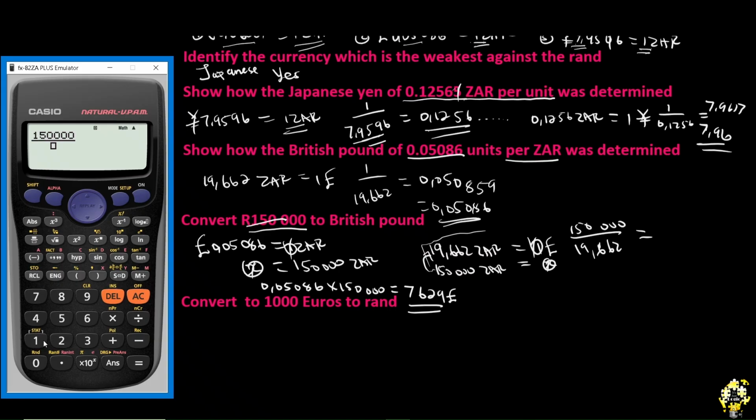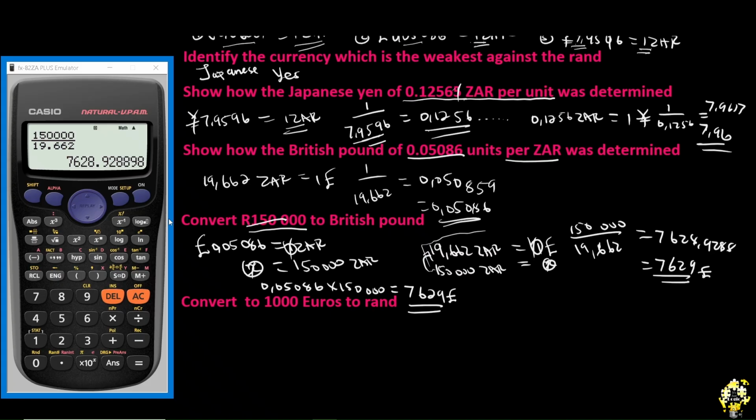When you divide it by 19.662, what do you get? See? It's 7,628.9288. Round it off to the whole number and you're going to get 7,629 pounds. The same. That's how they work.